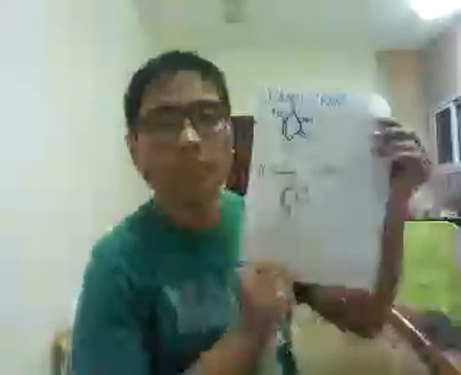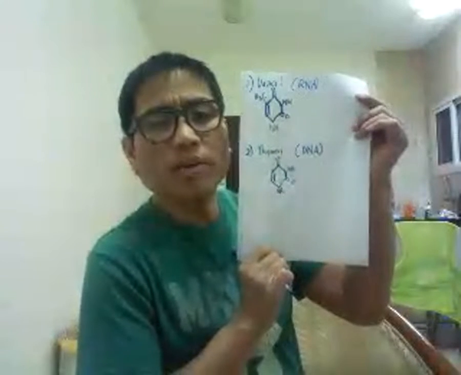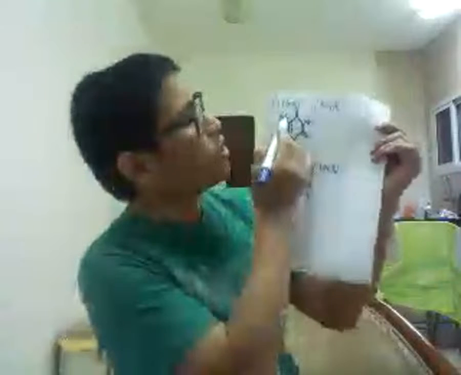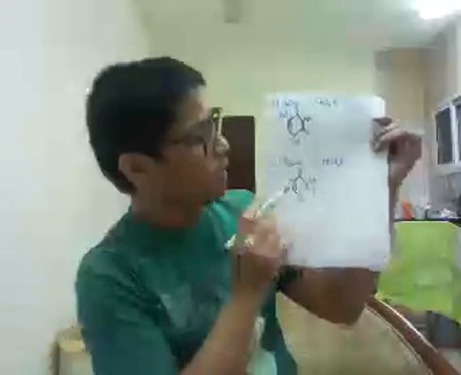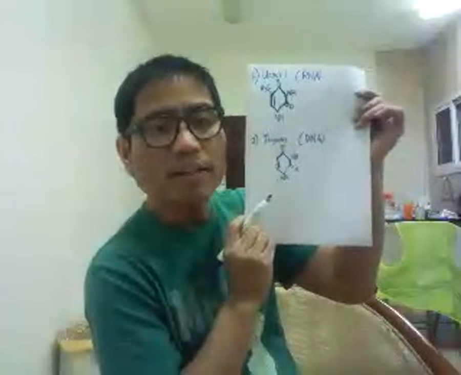So your identification, you can easily detect, right? This one. Because the only addition is the H3C somewhere on the side. So that's already the thymine. Correct me if I'm wrong. So you can easily understand.